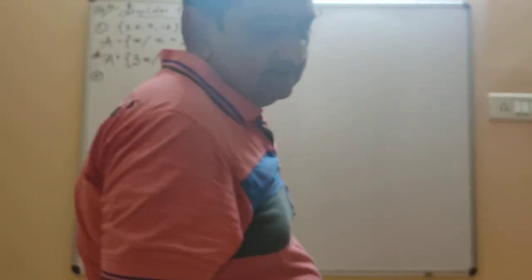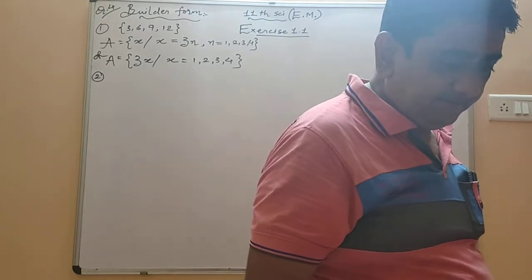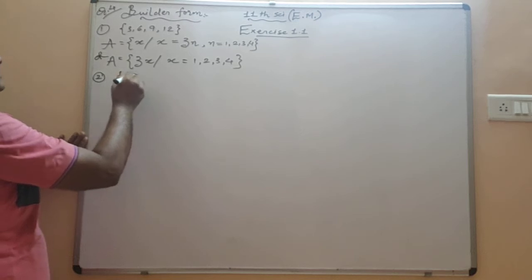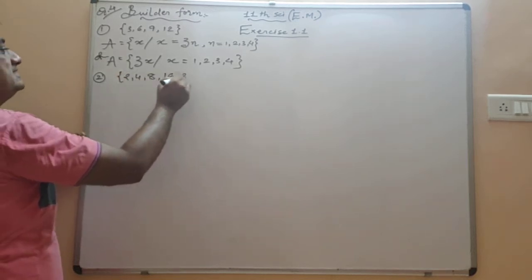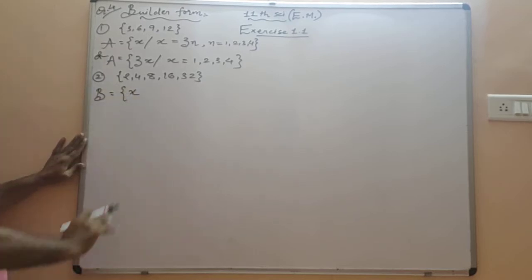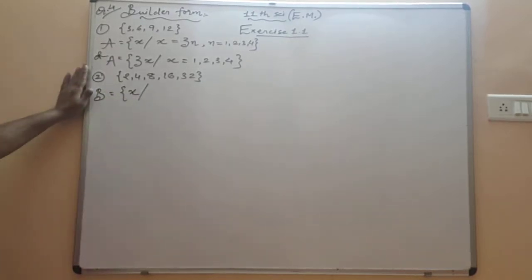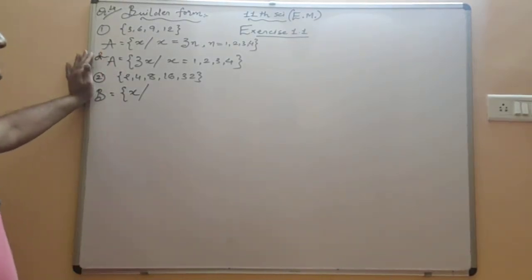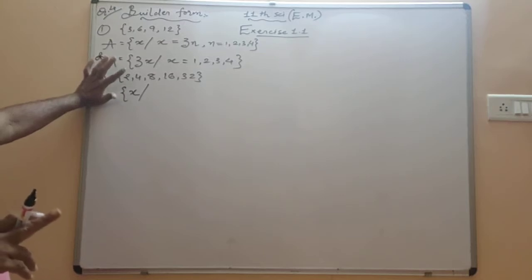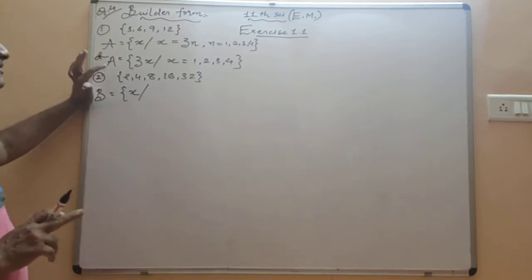Second sum is 2, 4, 8, 16 and 32. Let it be the set B. X such that. Now what is this, 2, 4, 8, 16 and 32? Think over these 5 numbers. 2, then 4 is a square of 2, 8 is a cube of 2, 16 is the 4th power of 2, and 32 is the 5th power of 2.